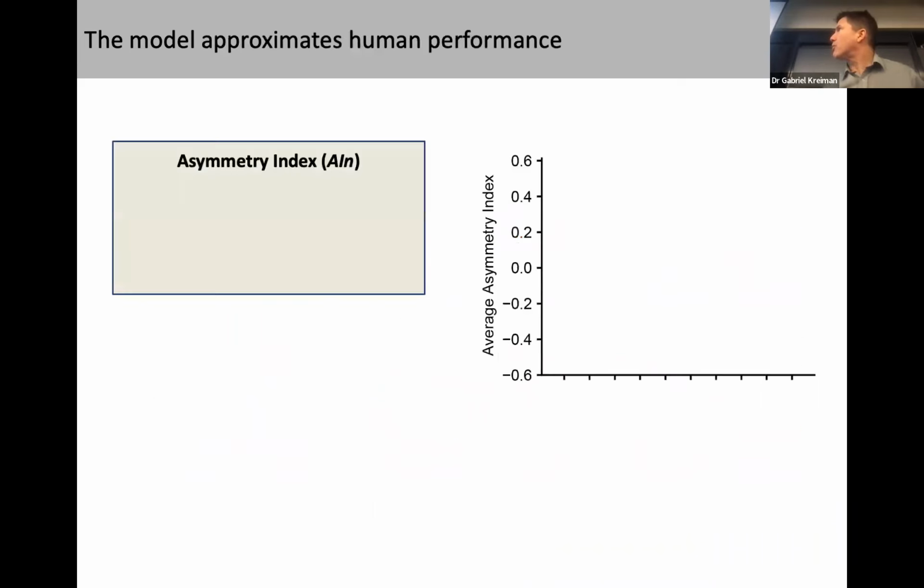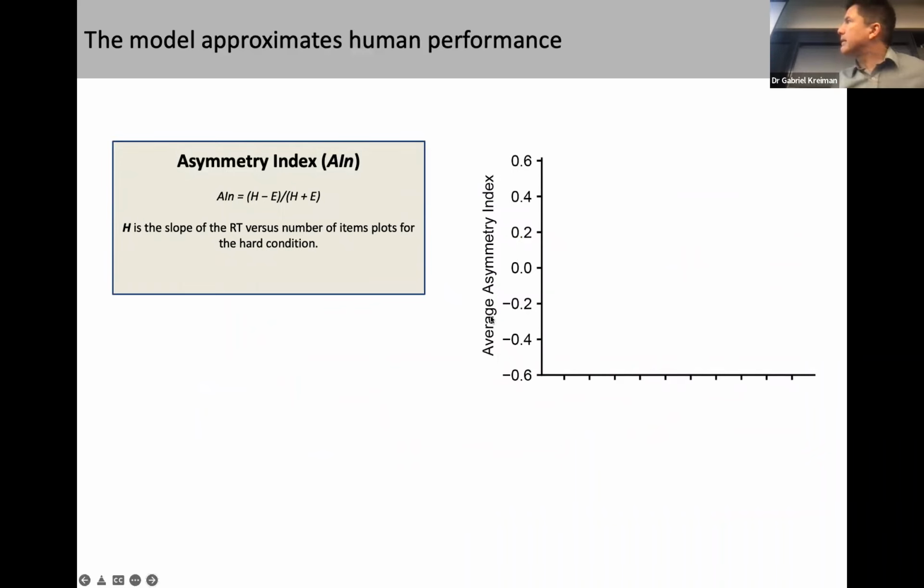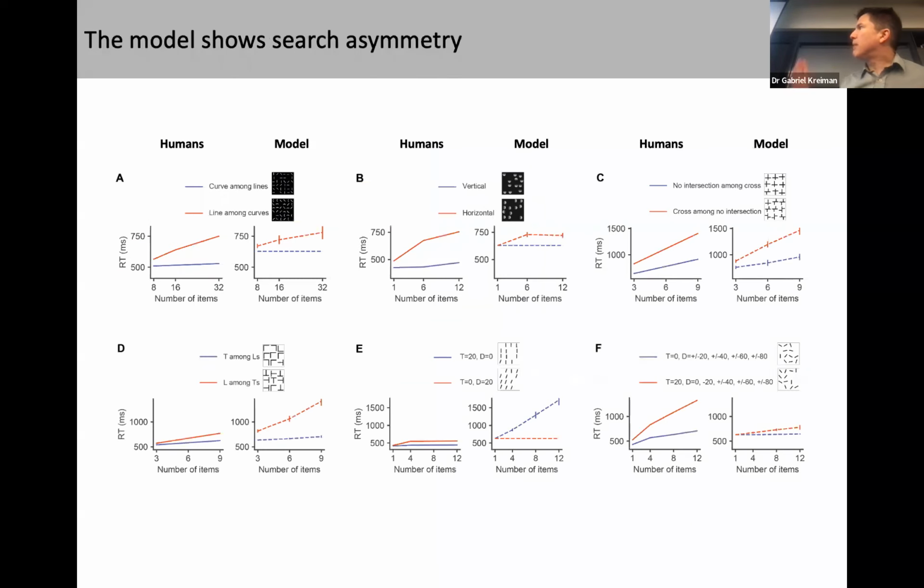the direction of tuning. So just to quantify this, we defined an asymmetry index, and this is basically the difference between the two conditions divided by the sum of the two conditions. This is an index that goes between -1 and 1 that describes the slopes of this curve. By measuring the slope of this curve, we can define how hard the task is.